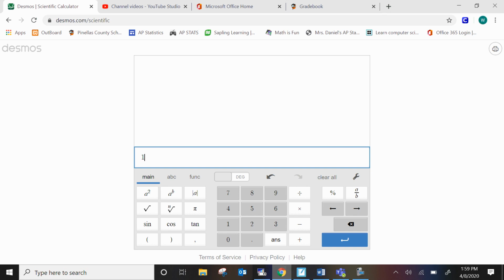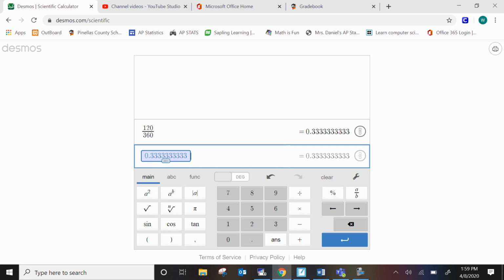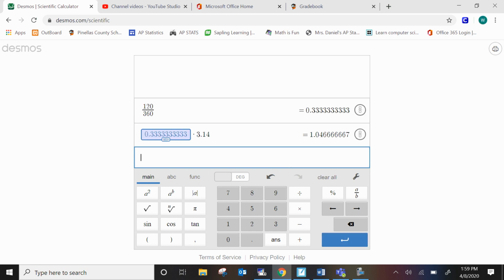So on my calculator, I have 120 divided by 360, and then I hit the enter button. I don't know if you noticed down at the bottom next to the point, there's ANS. That stands for the answer. So I'm actually going to hit that, pulls the answer down, times 3.14, because that's what I said I was going to use for pi. Hit enter.